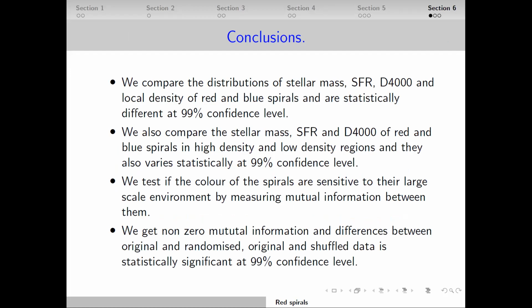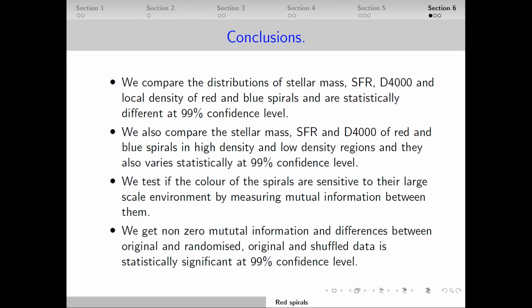And in order to ensure that if the differences in the properties are occurring due to the local environment associated with red and blue spirals, we further subdivide the spirals into low density and high density regions based on the median density cut. We again compare the distributions of stellar mass, star formation rate and D4000 of all the red and blue spirals present in high density and low density regions.